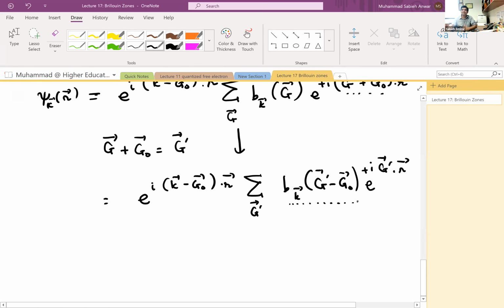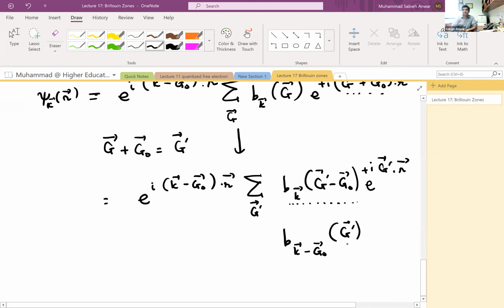They are vectors in the reciprocal space. So what I could do is replace this coefficient K with K minus G naught and put the vector G prime here. I'm at liberty to do so. So this is just a change of origin in the K space.